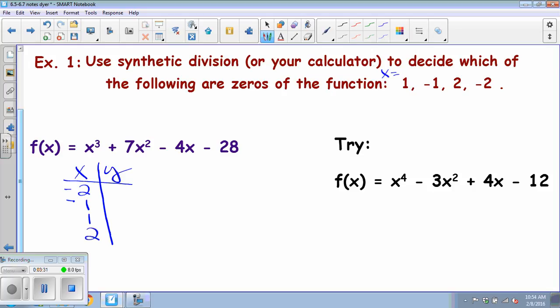When we do synthetic division, we're checking x equals -2. Our remainder, this is important. Remember that your remainder is your y value at that point. So when you do synthetic division at x equals -2, when you get 0 for your remainder, that's the y coordinate at x equals -2.